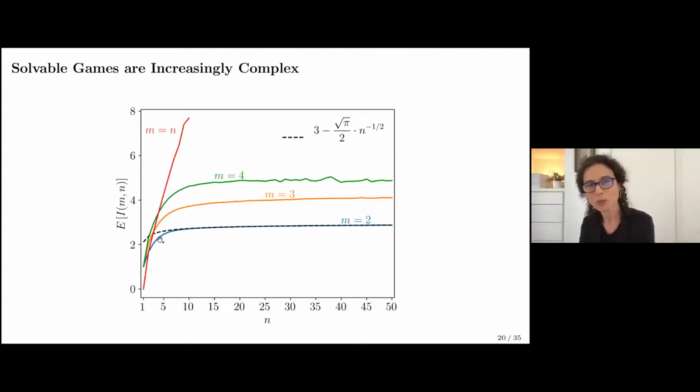Again, we're superimposing the precise calculation of the expected number of iterations with its asymptotic approximation, which are very close very quickly. And what you also see is that as we increase the number of actions of row, this number of iterations increases as well. And in fact, when both players have the same number of actions, it increases pretty rapidly.